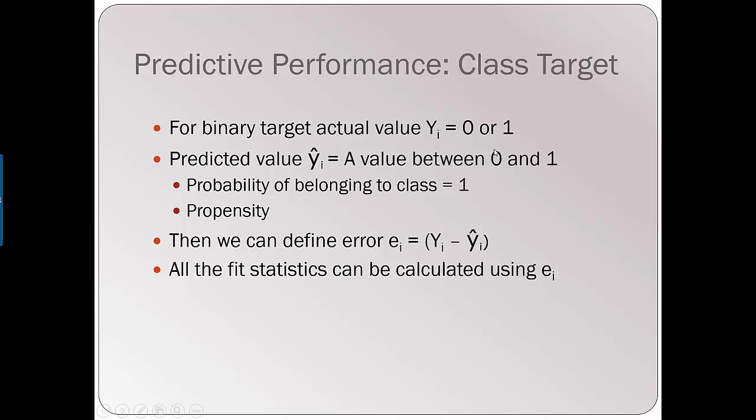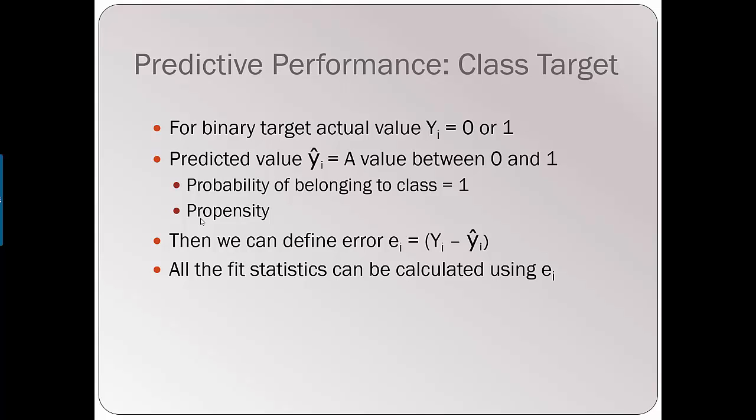So if a value is close to 0, that means the probability that it belongs to class 1 is very small. But if a value is close to 1, then the probability that the observation belongs to class 1 is very strong. Now this probability is also called propensity. So propensity is the probability that the observation belongs to class equal to 1.